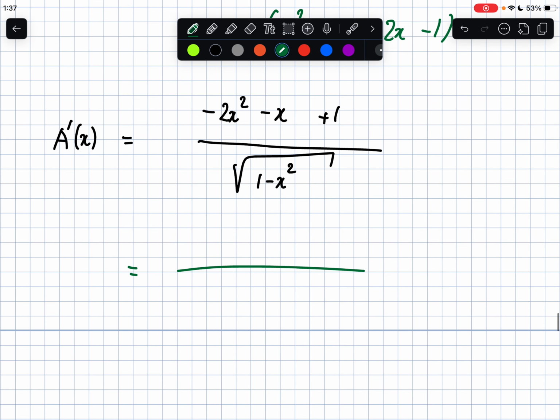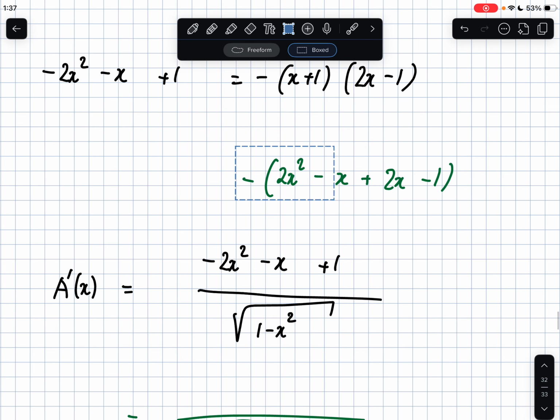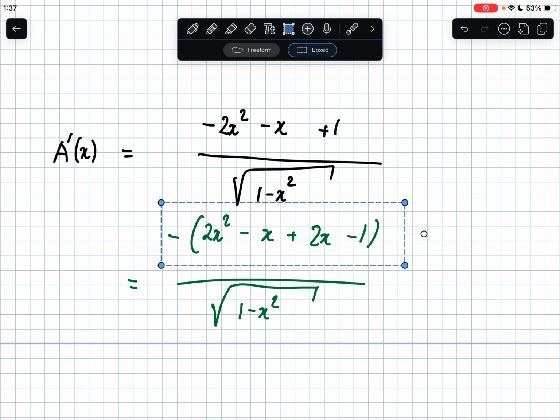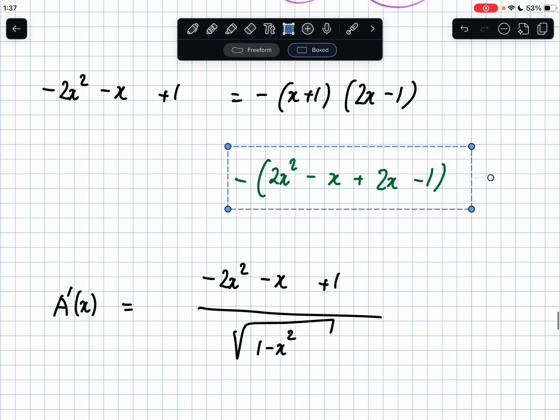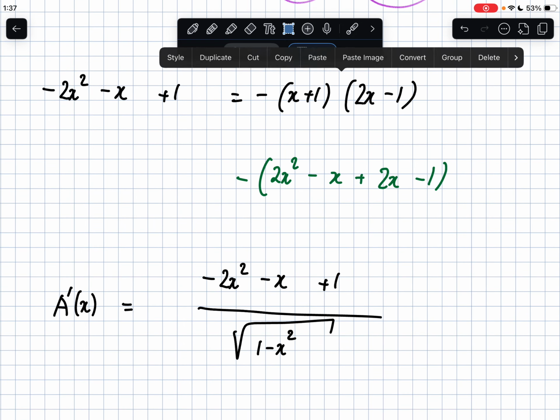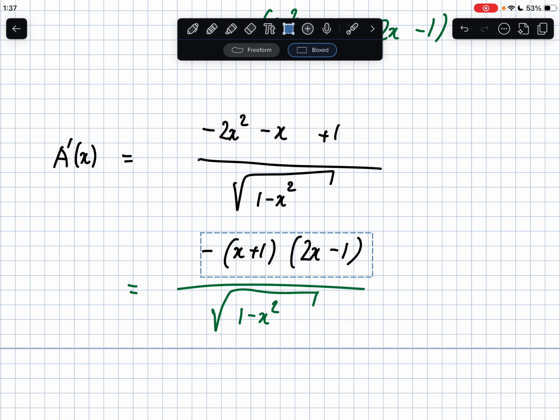A prime is 1 minus x squared here. On top you have this. I want this formula because I know these terms equal to these terms.